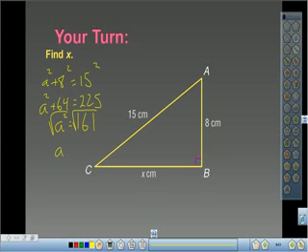It doesn't matter which leg is A or which leg is B. Your longer leg doesn't have to be A, your shorter leg doesn't have to be B. You can switch your legs around back and forth all day long, but your hypotenuse has to be C. And it has to be the largest side. That's going to come into play when we talk about the converse. Your hypotenuse has to be the largest, biggest number.